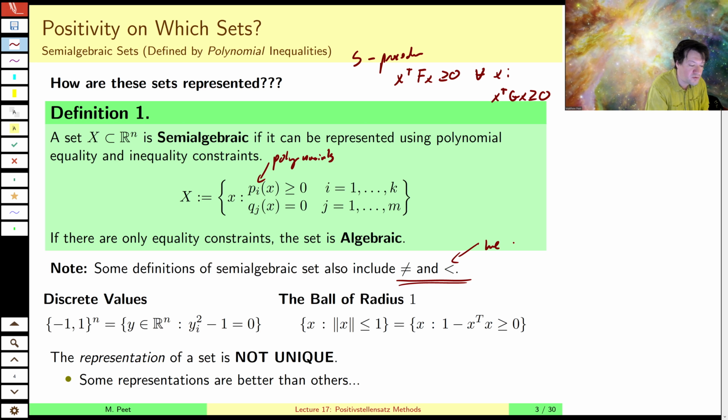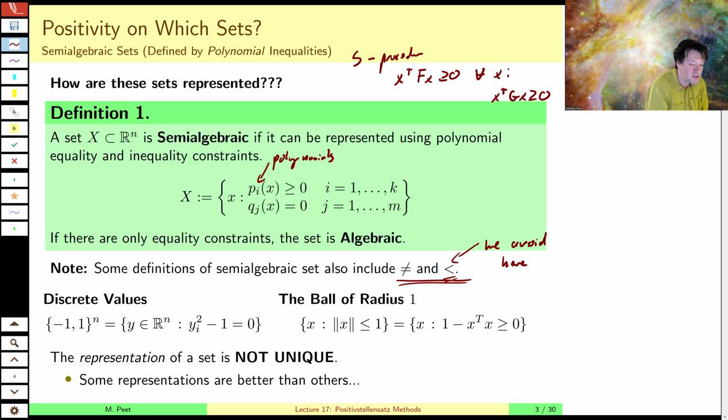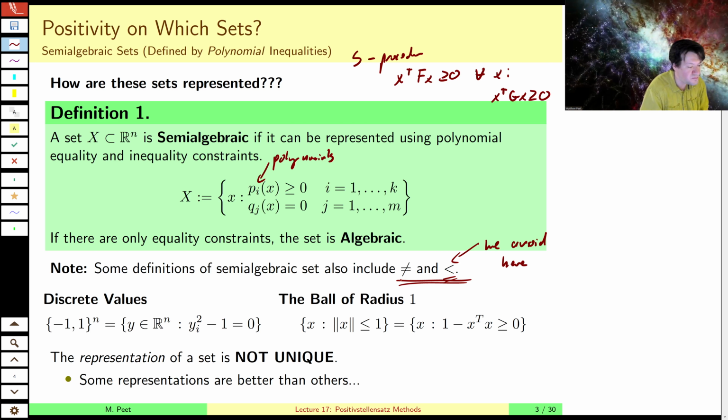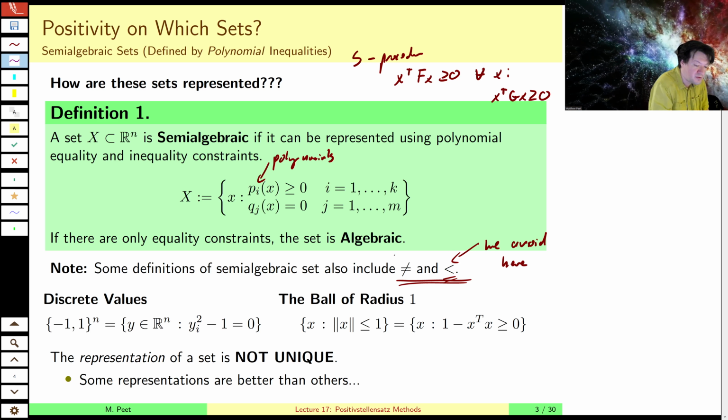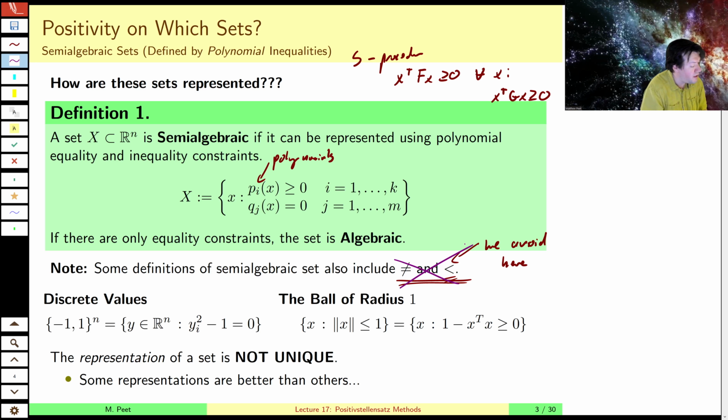But you can, of course, use those. So we're going to avoid strict inequality constraints. So we allow 0. And then not equals to, that's like everywhere except for equal to 0. We're not going to use those.